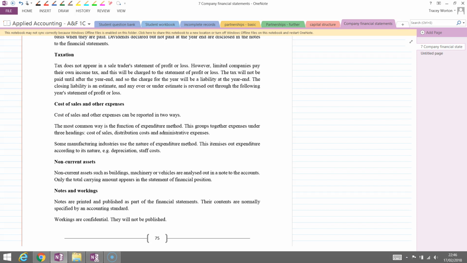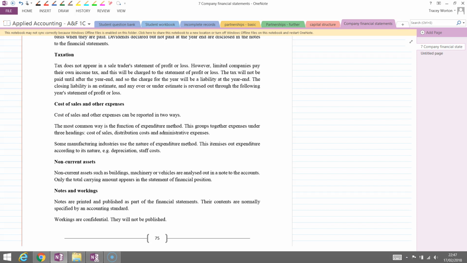Some manufacturing companies will use the nature of expenditure method, and this will itemise expenditure according to its nature, so depreciation, wages, costs, etc. Non-current assets such as buildings, machinery, vehicles are analysed in a note to the accounts, and only the total carrying amount will appear in the statement of financial position, unlike statements for the sole trader where all of the non-current assets will be listed on the face of the statement.